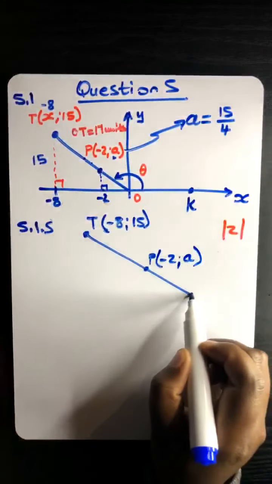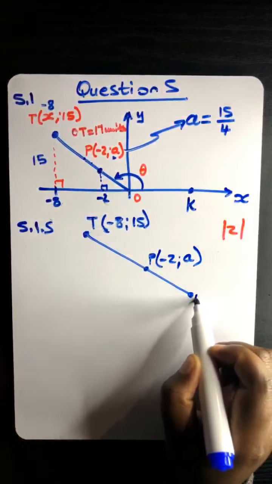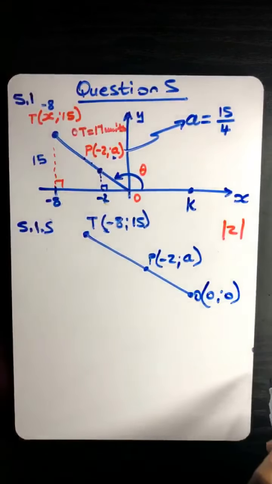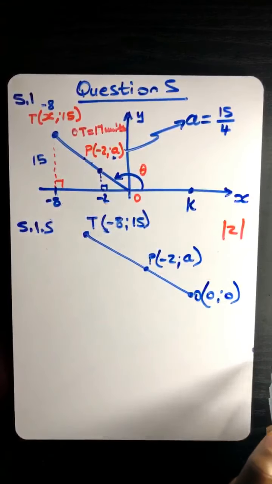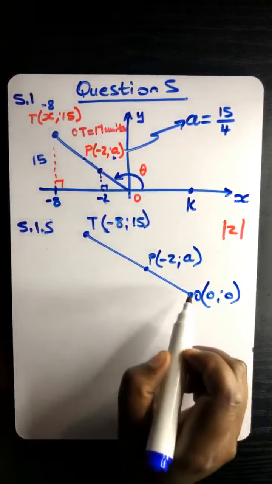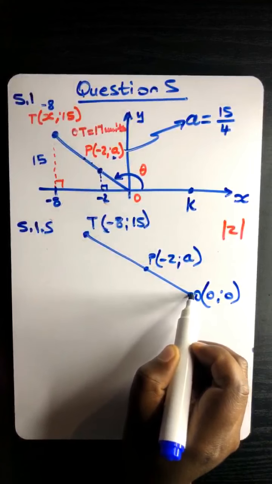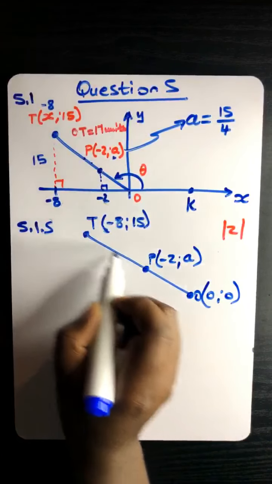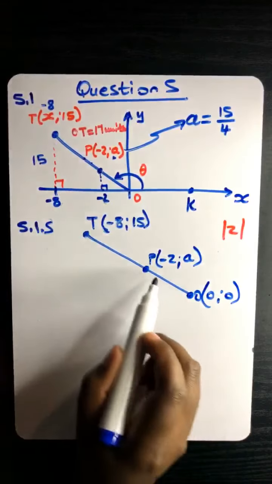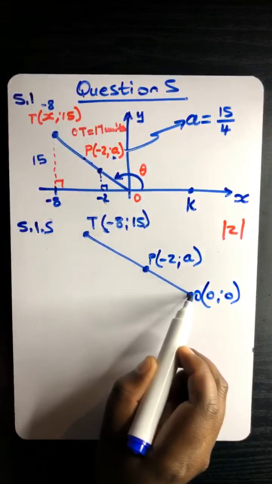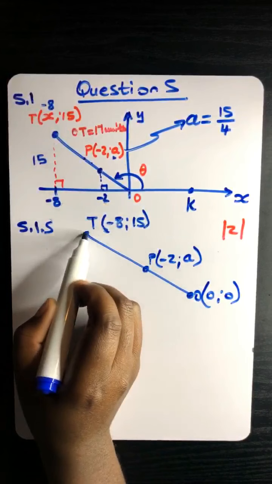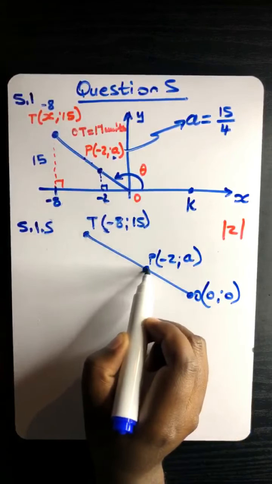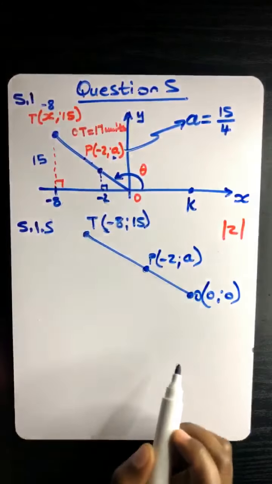Let's say a is what we're calculating. Guys, the origin has the coordinates 0 and 0. Never forget that. So now, this is what we call collinear, from there straight up to there, extended up to there. That means the gradient of this segment and that segment is the same, because this is a straight line with a point which lies on that straight line.